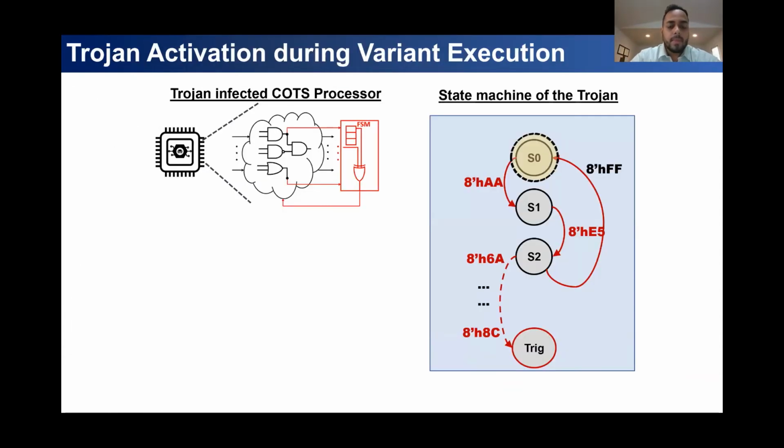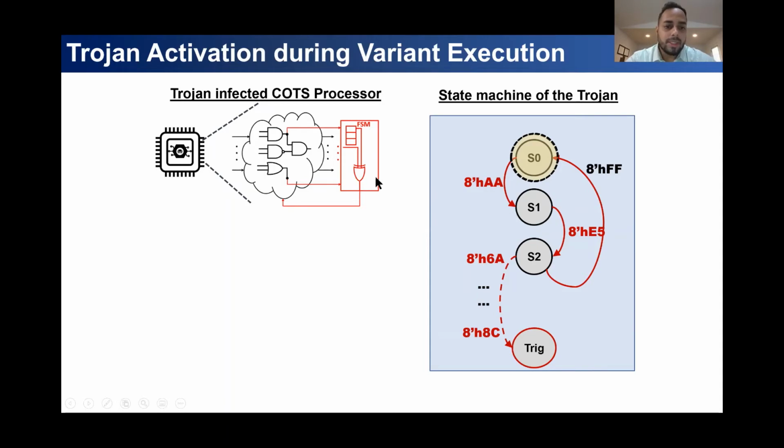So let me give you an example of how that would help us to fight against Trojans. Let us assume that we have a sequential Trojan in a processor, and this Trojan has 4 states, S0, S1, S2, and then finally it triggers. So this Trojan will only get activated when specific input patterns are received, which basically helps the Trojan to reach the final trigger state.